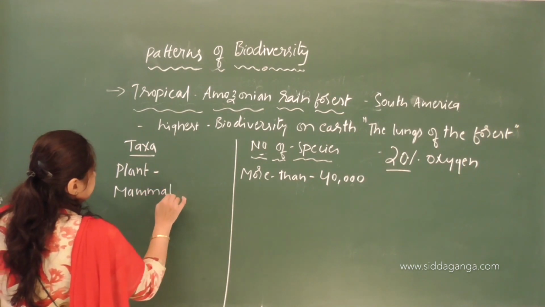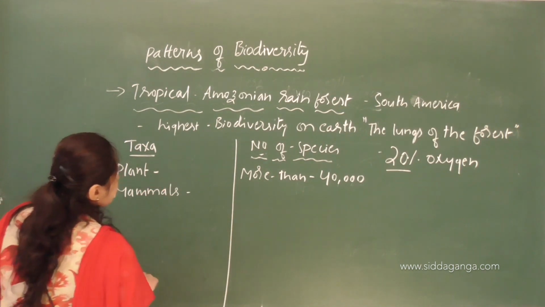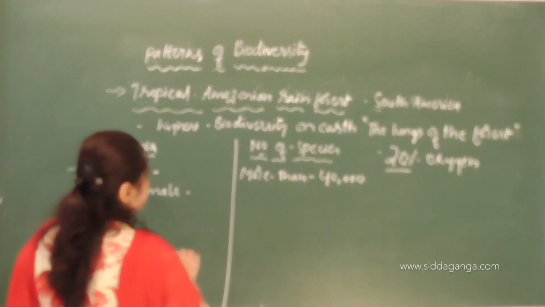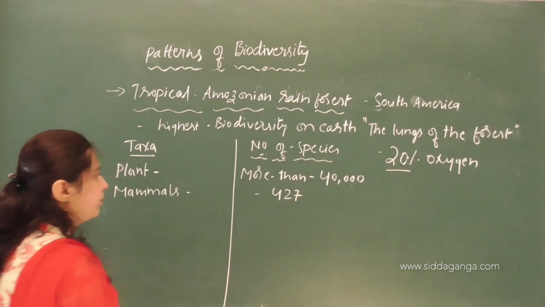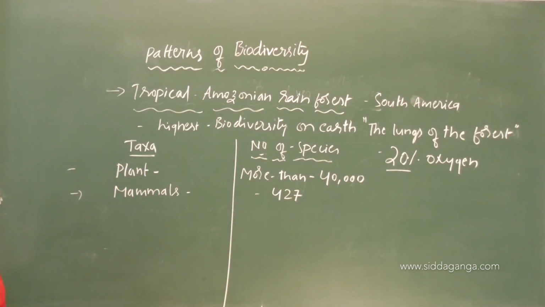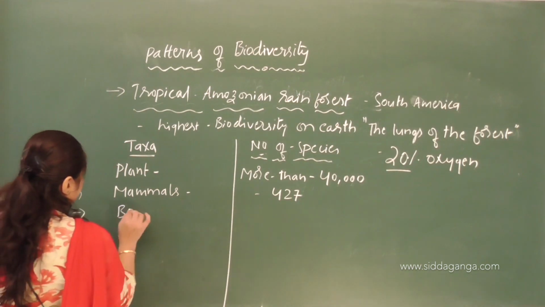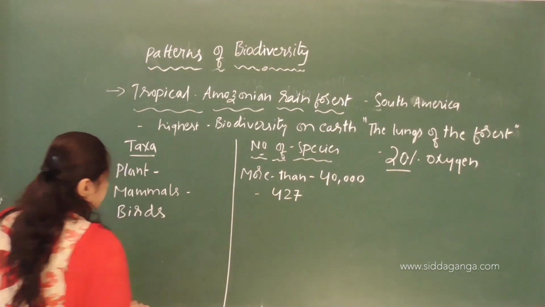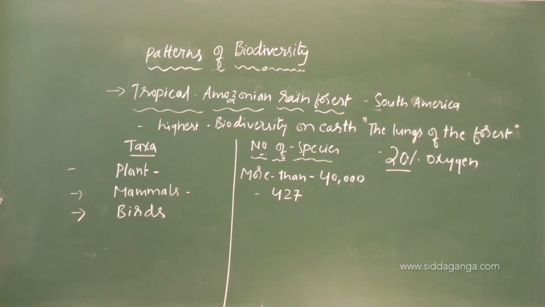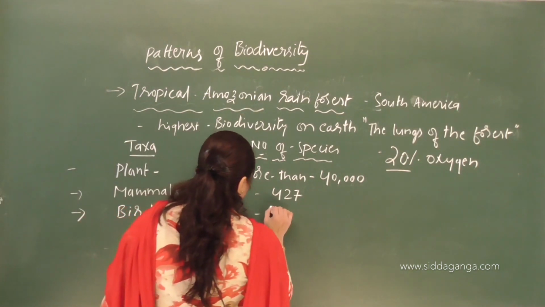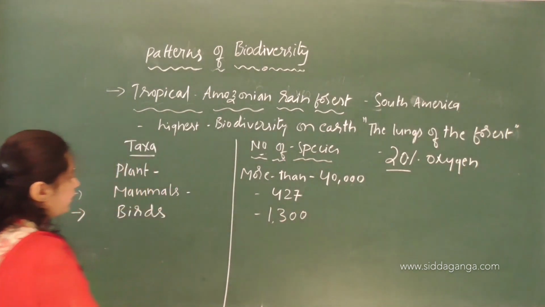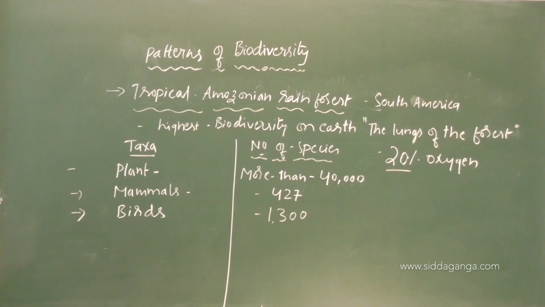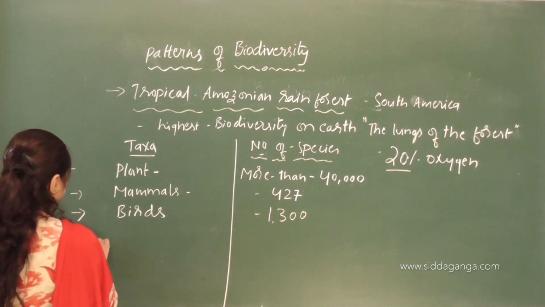And mammals present in this rainforest, the number of mammalian species is 427. When it comes to birds, the number of bird species is 1,300.